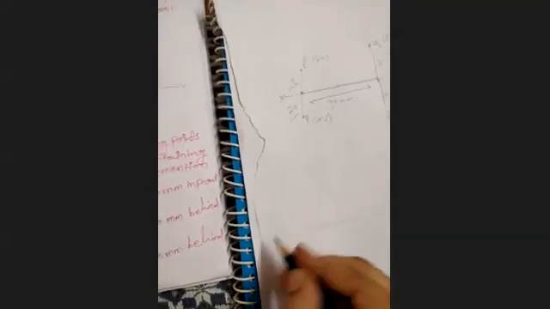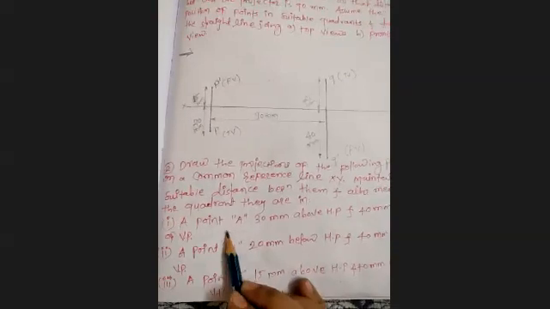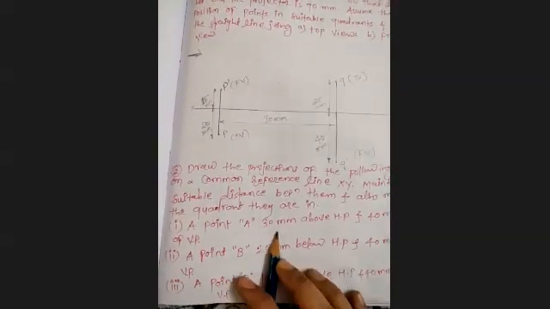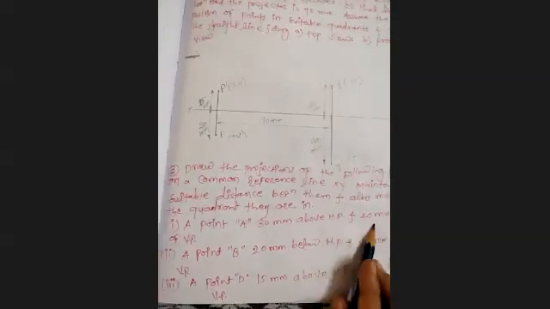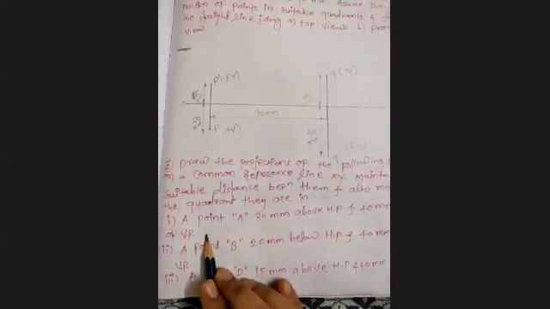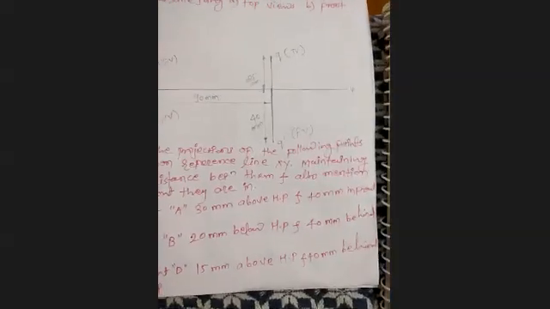First of all, draw one common reference line like this, naming it X and Y. What are they asking? Guys, please tell me which quadrant: point A, 30 mm above HP and 40 mm in front of VP. First quadrant.